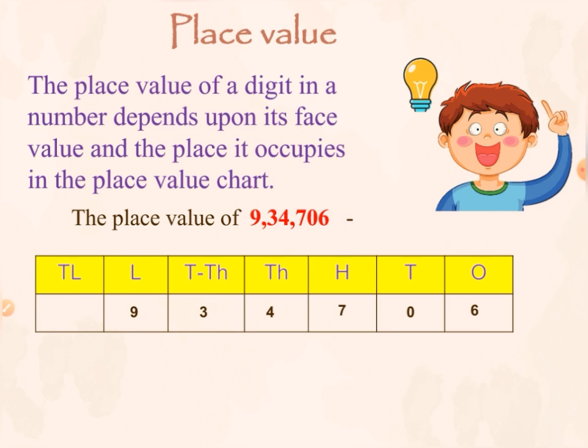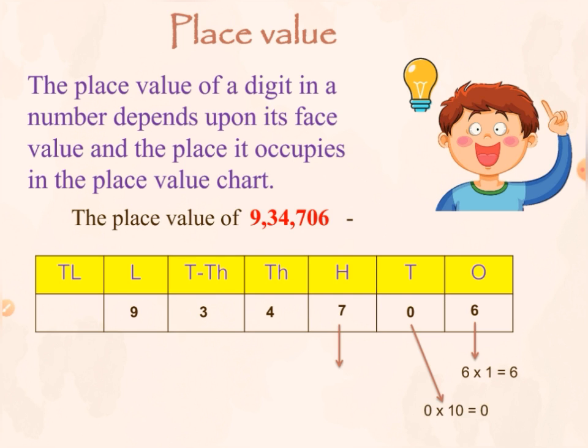Now let us find the place value. As I told you, to find the place value, you have to multiply the face value with the place it occupies. So here 6 will be having 6 multiplied by 1, that is 6 or 6 ones. The place value of 0 will be 0 multiplied by 10, that is 0 or 0 tens.